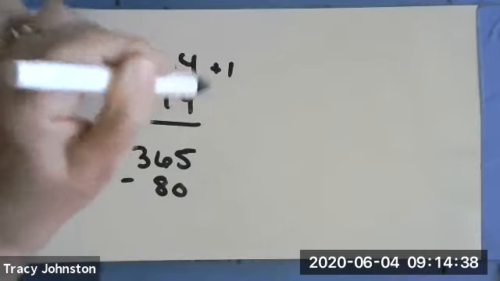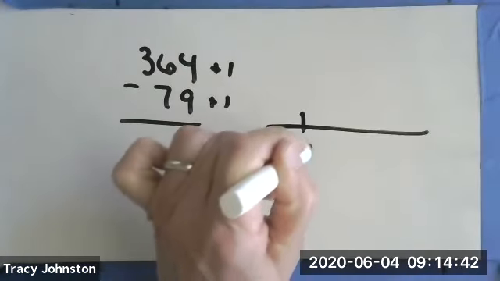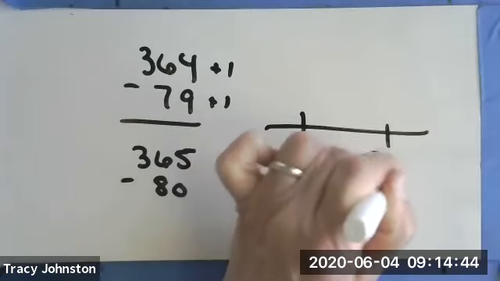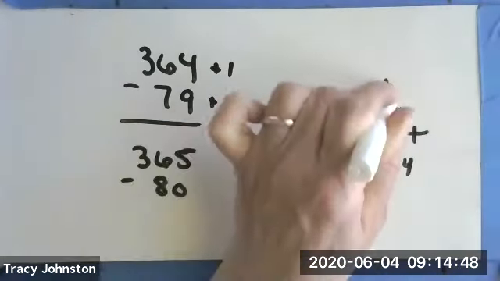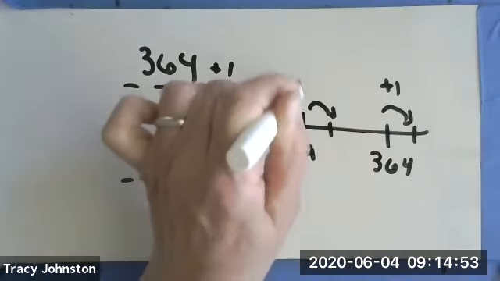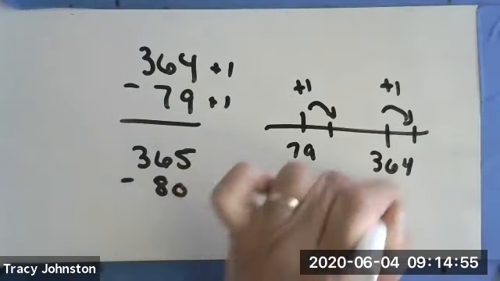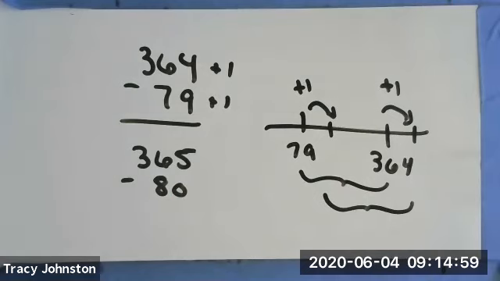So doing plus 1 to both numbers, all it's doing is moving both numbers up by 1 on the number line. But the distance between those two numbers is the same as the distance between the two moved numbers.